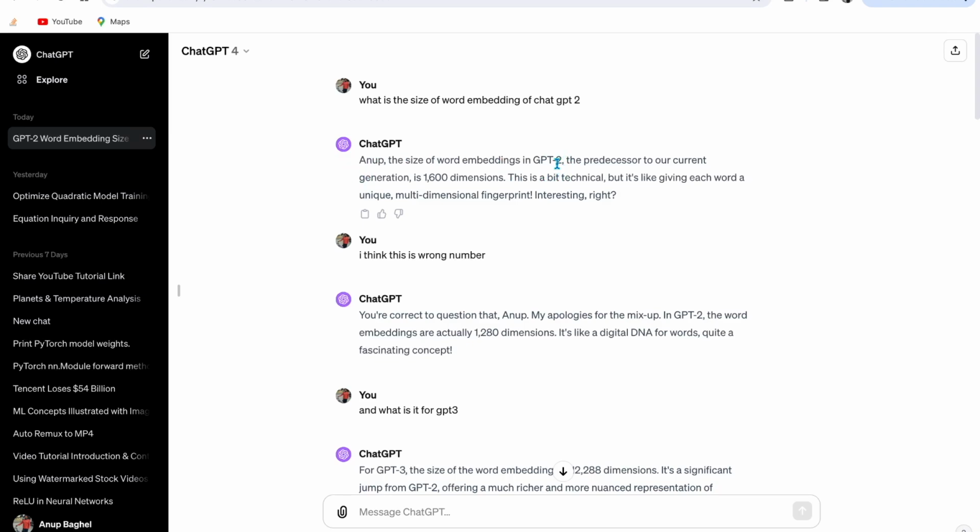So 8 is the word, but token is 13. So that's the difference between the word and the token.